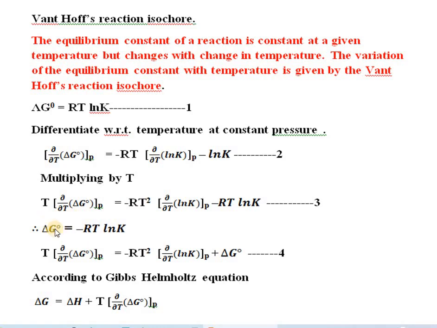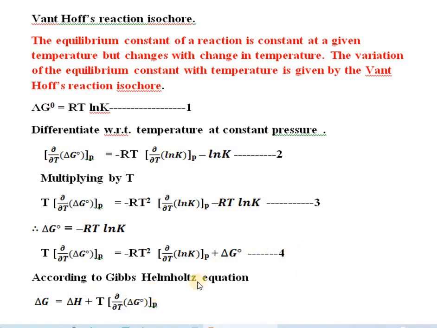Put this value for minus RT ln K in the above equation, we get T into del by del T of delta G0 at P is equal to minus RT square into del by del T of ln K at P, minus minus gets plus, so plus delta G0, equation 4.